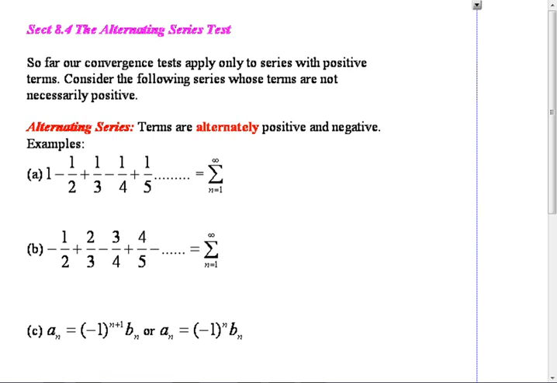Okay, so the first thing I ask you to do here is, can you write that in sigma notation? Now, what's going to make the sign alternate? It's -1 to a power. I don't want to start with 1, because that'll give me a negative sign to start with. I want to start with a positive sign. So n plus 1. You have to look at your counter right here and see where it's starting. If it started with 0, that'd be different. And then, which one is this series? It's 1 over n, isn't it?